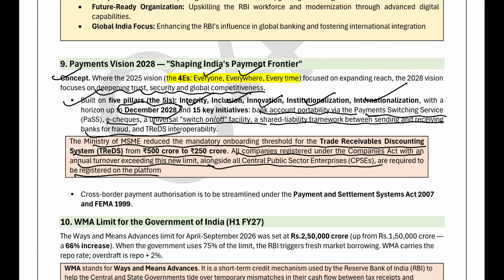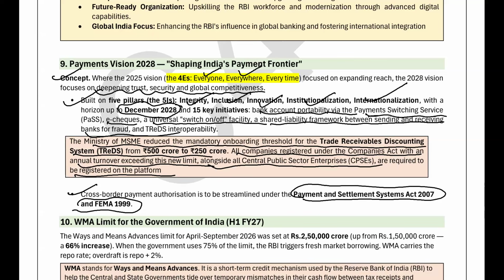So try to understand, the cross-border payment authorization is to be streamlined under the Payment and Settlement Systems Act of 2007 and the FEMA of 1999. Because it is cross-border payment, FEMA 1999 will come in, and it is related to the services of switching. Since it is related to payment, the Payment and Settlement Systems Act of 2007.